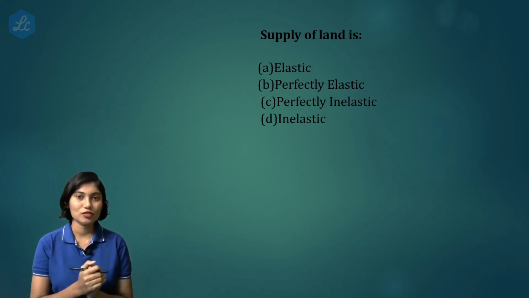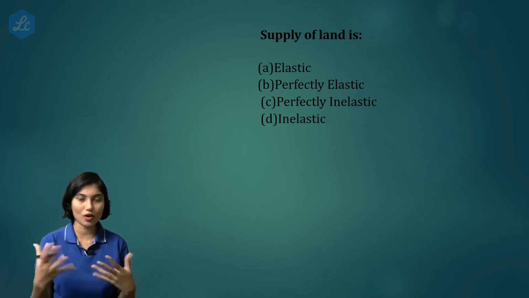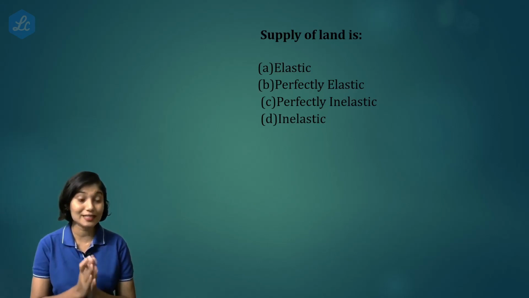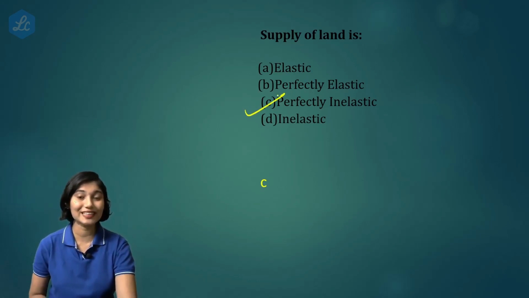So is supply of land elastic? Does the quantity of supply of land change? Can it change with respect to price? Land itself is limited, right? So what should be the answer? Perfectly inelastic. It does not change. It's not possible for you to change the supply of land.